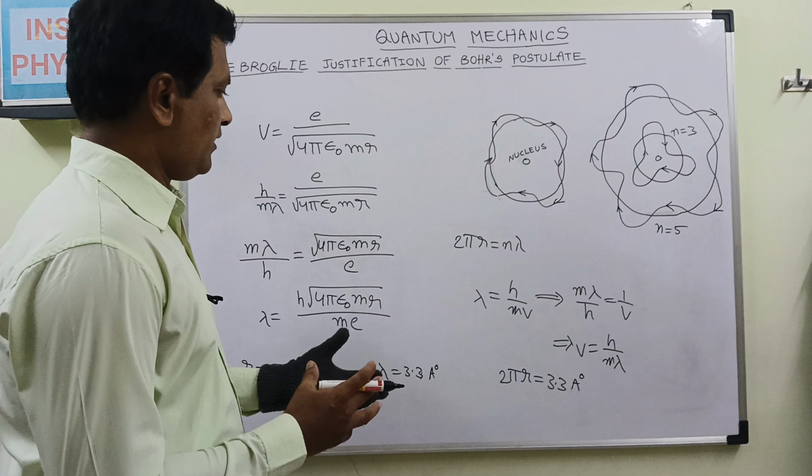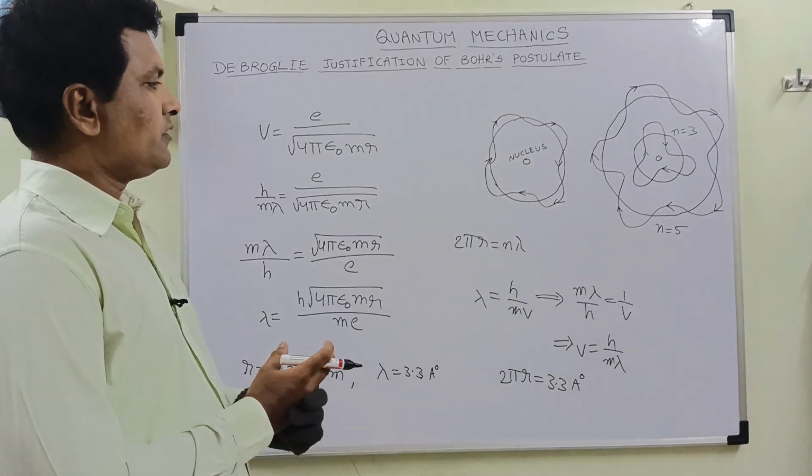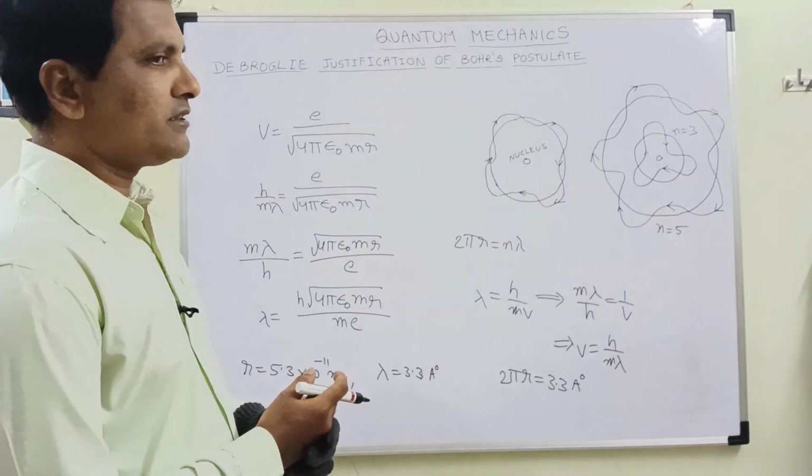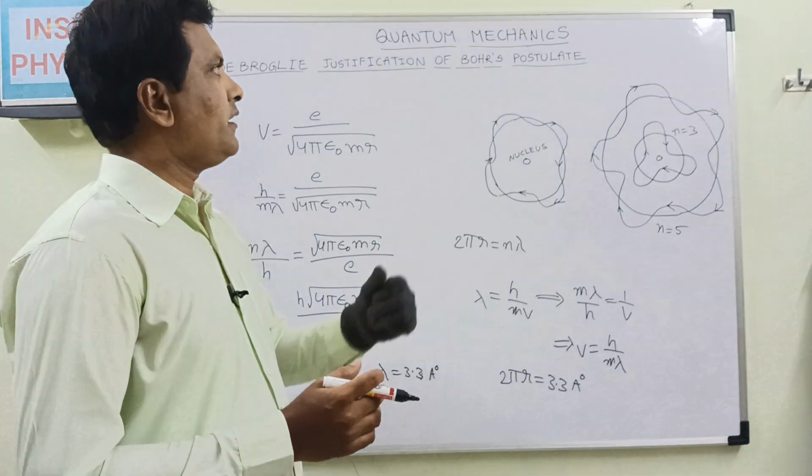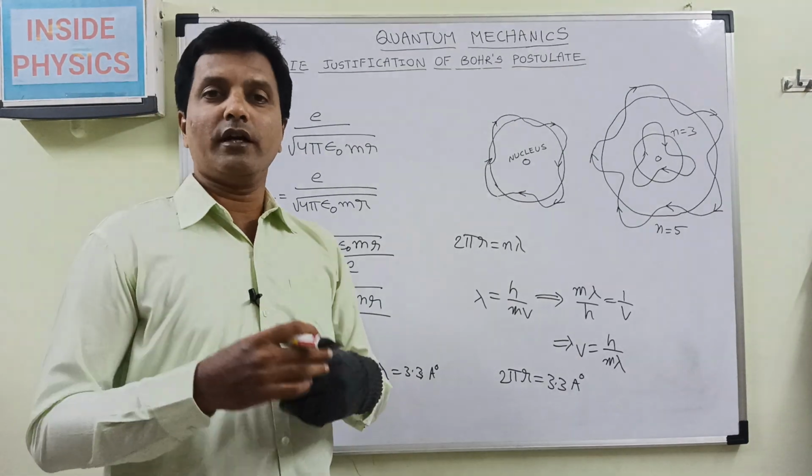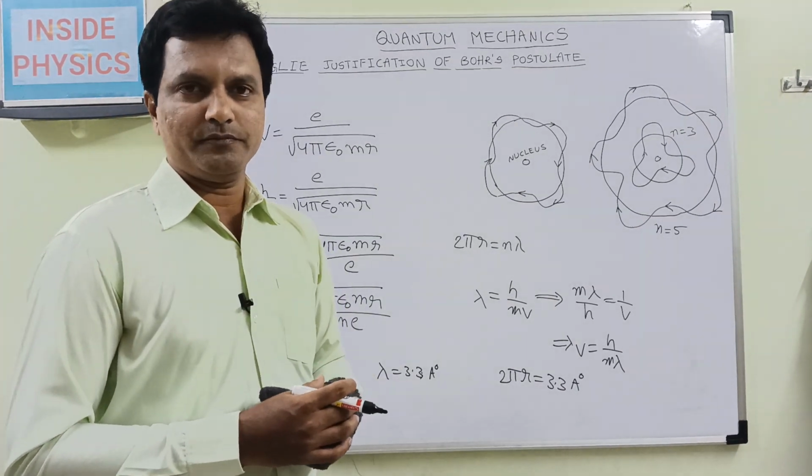So this is the hypothesis of de Broglie, which has justified the Bohr postulate of quantization of angular momentum.